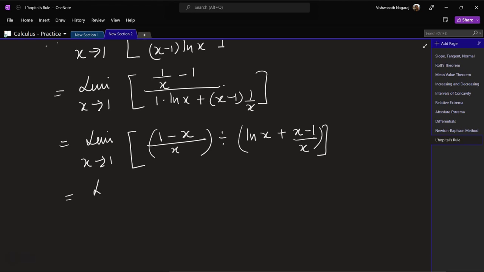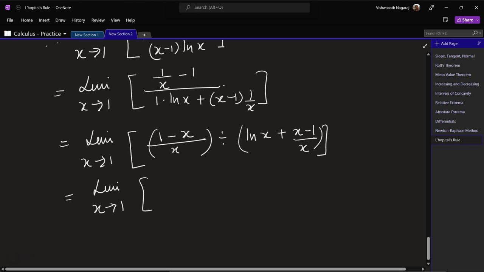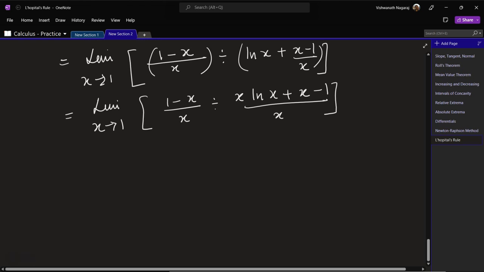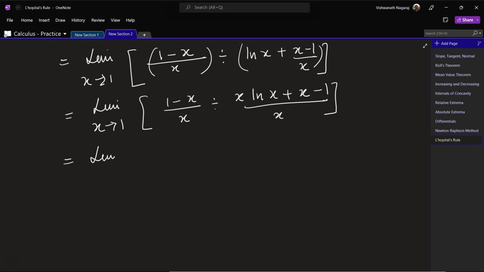Okay. Now limit as x approaches 1 of (1 minus x) by x divided by, and this becomes (x natural log of x plus x minus 1) divided by x, right?